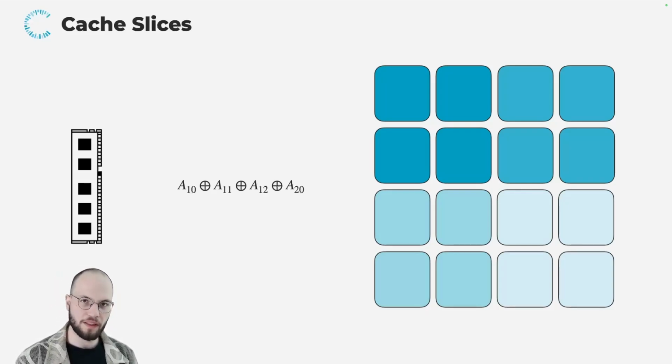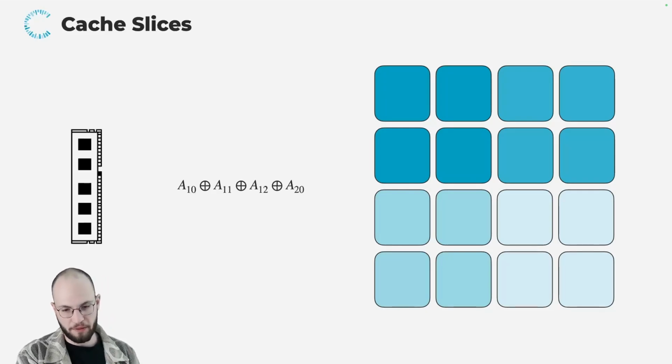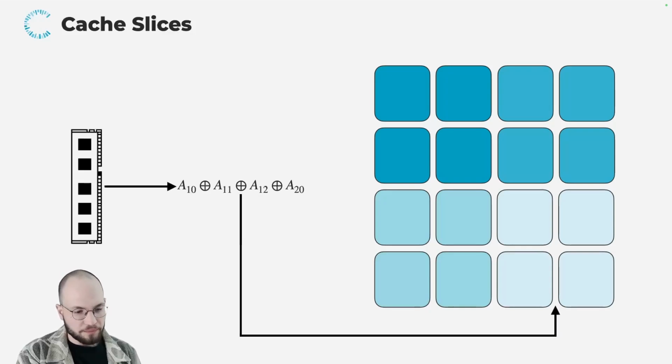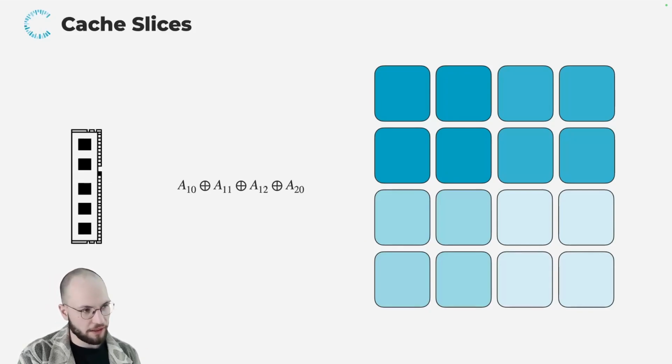So if you want a specific address, this address always maps to one or another slice, which distributes the load over the cache. For example, one address may map to the first slice, where another address may map to another slice. And in the remainder of this presentation, we're basically going to talk about what these slice mapping functions are doing and where we can find them in hardware.